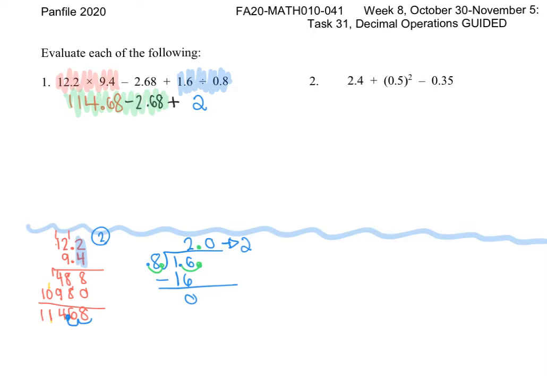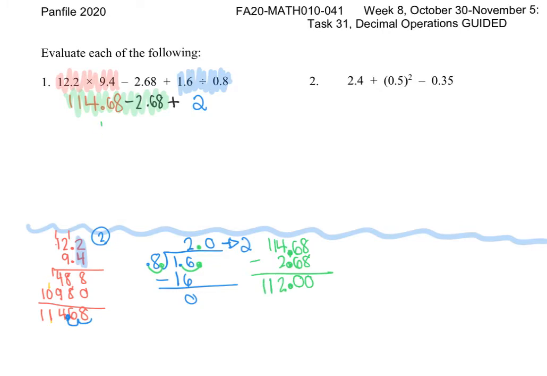Okay, and we get 114.68 minus 2.68. That's convenient. And remember, our decimals line up with subtraction. So we get 0, 0, 2, 1, 1.